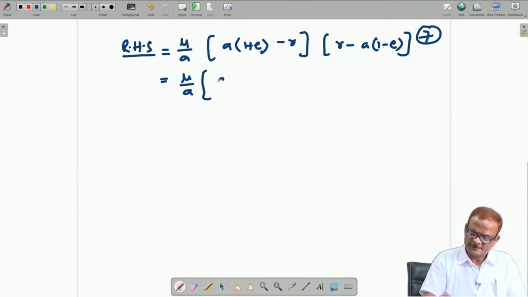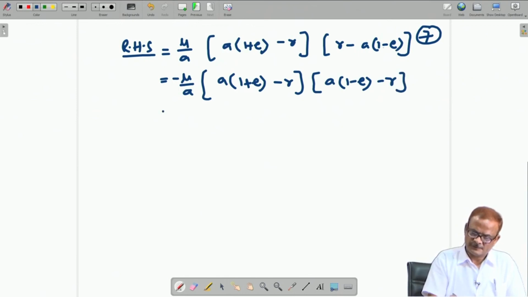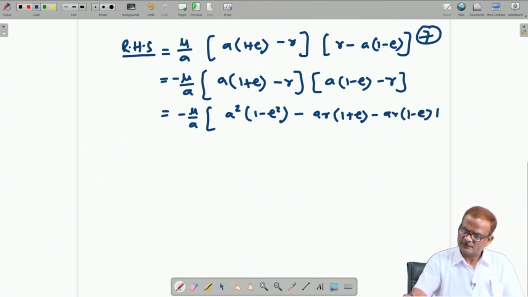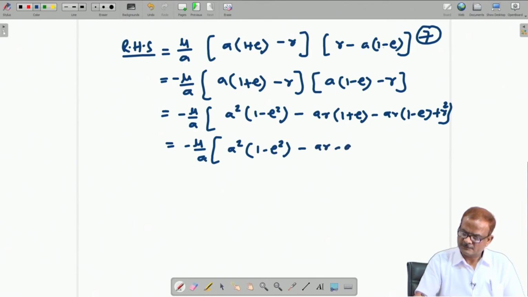We will reorganize it as 1 plus E minus R, so that we can multiply it in a better way, A times 1 minus E minus R, and the minus sign we will put here for the time being. So, this becomes A square times 1 minus E A square, minus A R times 1 plus E, minus A R times 1 minus E, and plus R square.